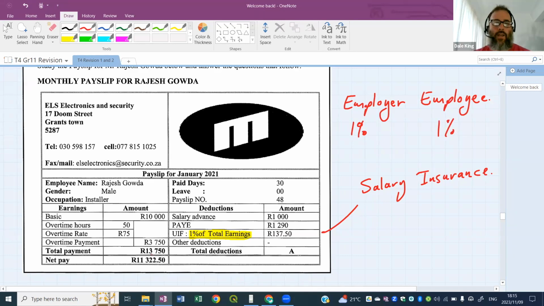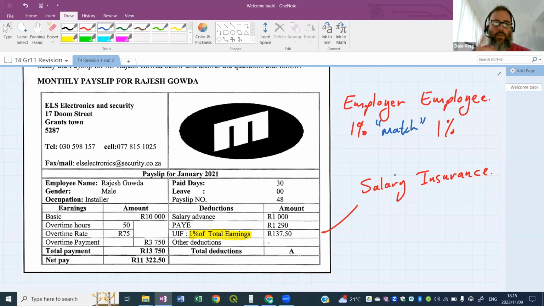So if your salary here is 13,750, you have to take 1% of that and pay it to UIF. The employer will match that with another 1%. So the UIF gets a percent from you and your employer, and that gets sent through.